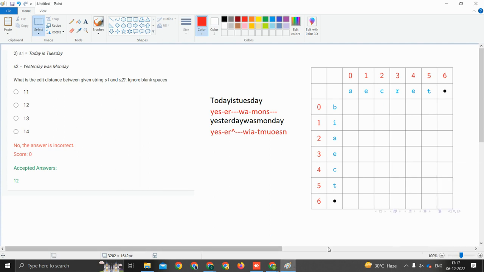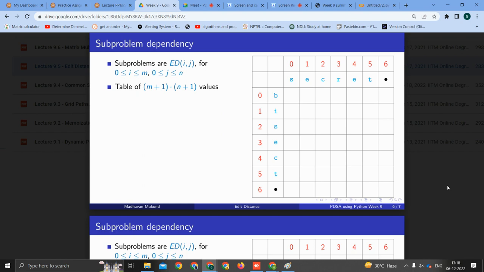How do we fill this? We start from the rightmost corner, the bottom one, and we write 0 over there. Similarly, we write 1, 2, 3, 4 going above in the same column.